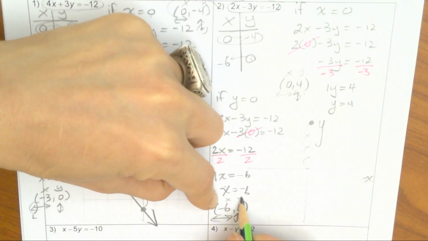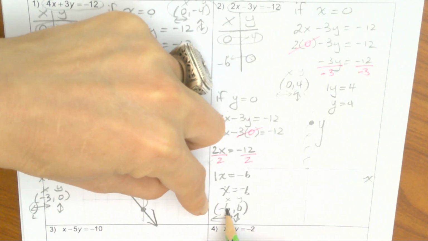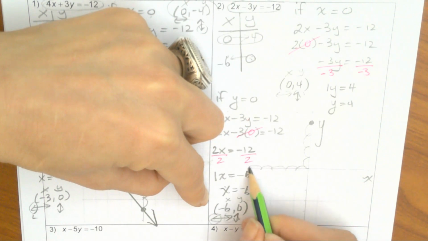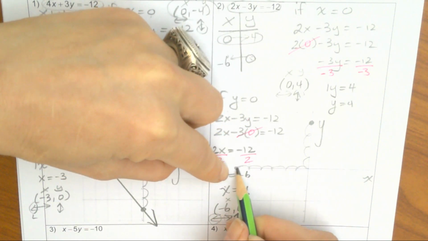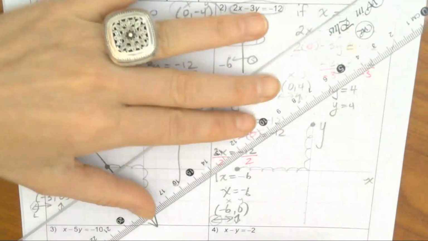So x, y. This says, because it's a 6, and because this is x, it goes left to right. Because it's negative, we're going to go left. If it was positive, we'd go right. So this says go left 6, and don't go up and down. 1, 2, 3, 4, 5. Oops. Let's just pretend it goes there. Let's pretend the graph is a little bit bigger.